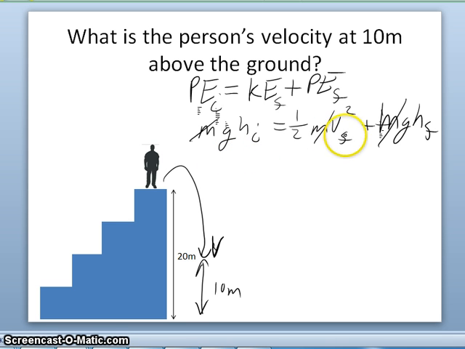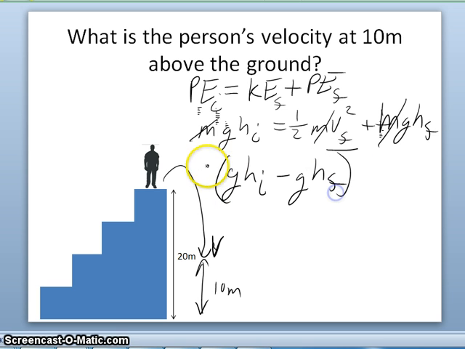We're trying to find this velocity here, so I'll isolate that term. gh initial minus gh final, times 2, and then the square root.